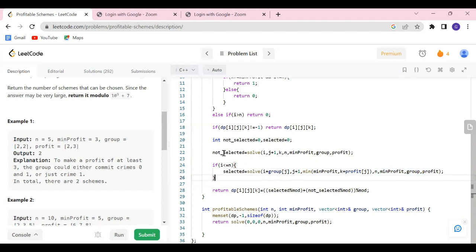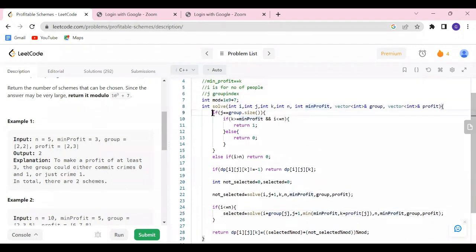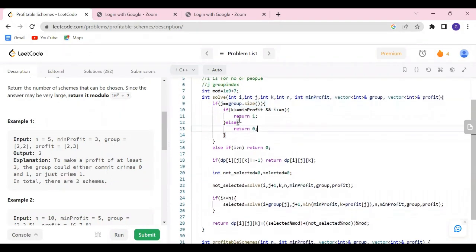So this is not selected and selected, and finally we'll return dp is equal to selected plus not selected. We have to return both possibilities, because selected and not selected are both counted as a possibility. It will check here whether the profit is valid or not.